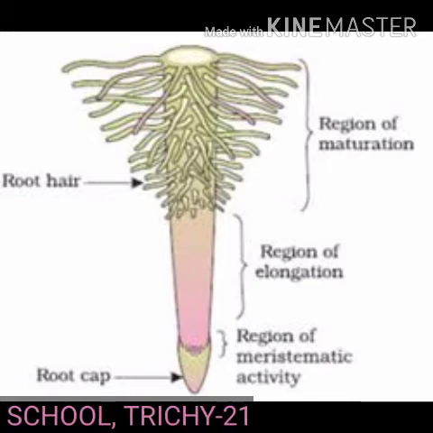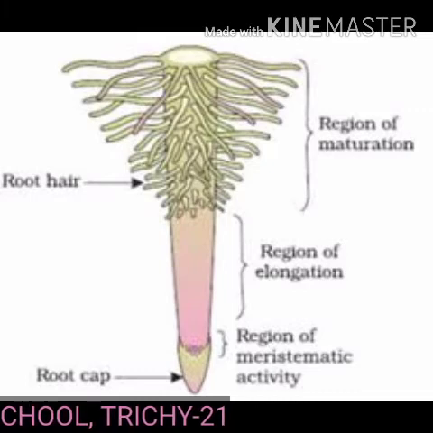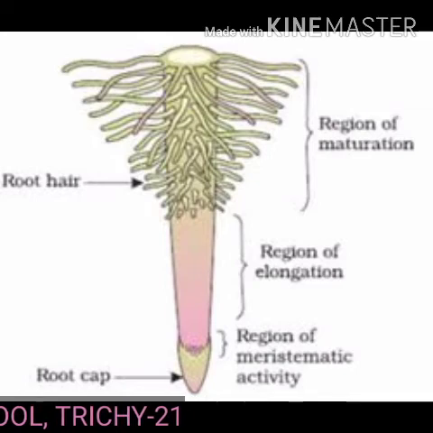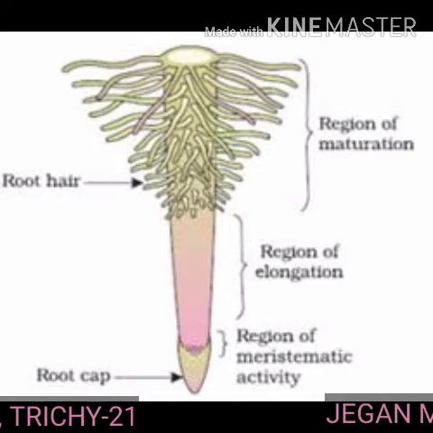In Pistia, instead of root cap, root pocket is present. A few millimeters above the root cap, the following three distinct zones have been classified based on their meristematic activity: meristematic zone, zone of elongation, zone of maturation.